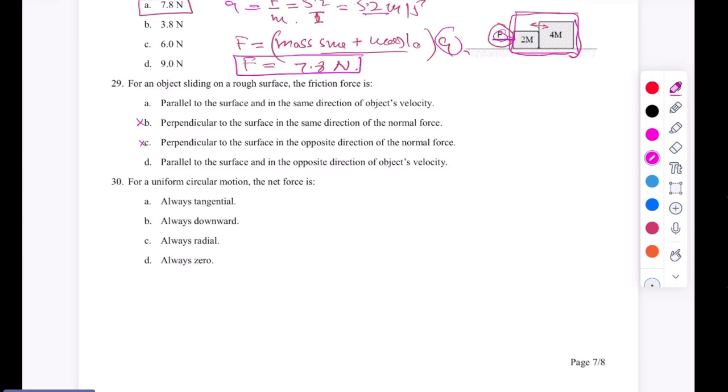And it is always opposite to the direction of the velocity. So which option is correct? It's D. It is not in the same direction; it is always in the opposite direction. So this is your type 1 question as well.